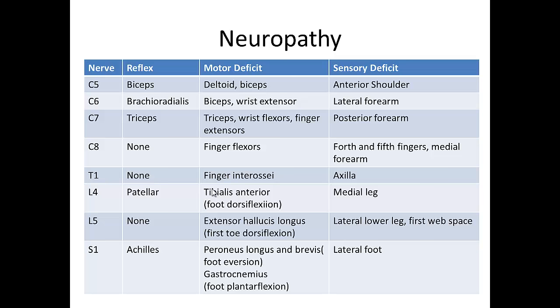This chart will show you which neurological reflex is associated with which nerve root. I'm assuming you've had this in your physical exam course, but for our purposes, let's remember the patellar and the Achilles.